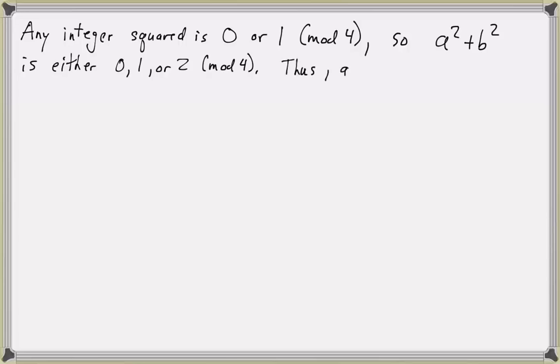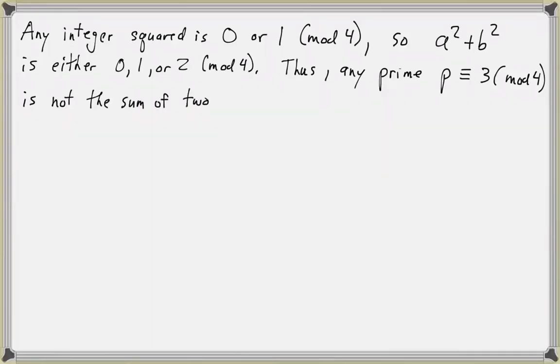So thus, any prime p which is congruent to 3 mod 4, so primes like the number 3 or the number 7, any prime p that's 3 mod 4 is not the sum of two squares of integers, and hence p cannot be factored in the ring of Gaussian integers.